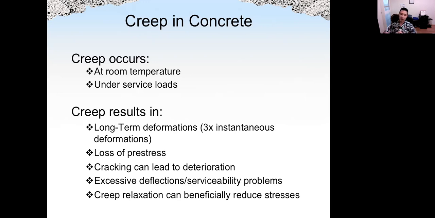Cracking can lead to deterioration and increase chemical attacks. Too much deflection can cause serviceability problems. But sometimes creep relaxation can be beneficial, reducing the internal stress in some cases.